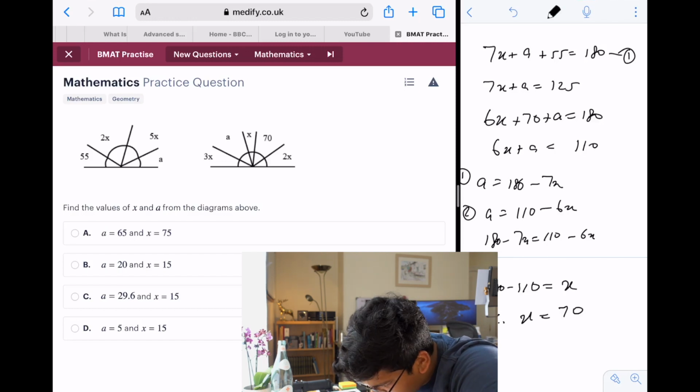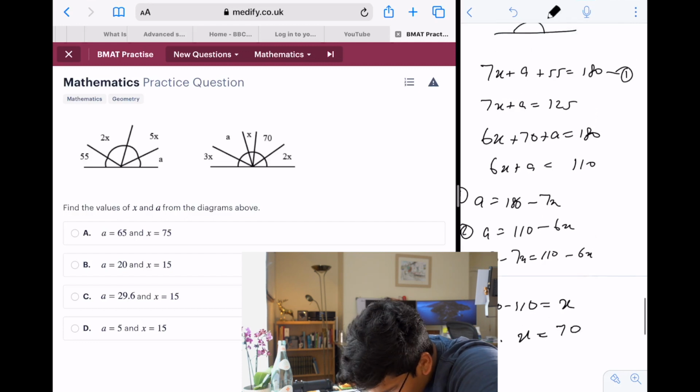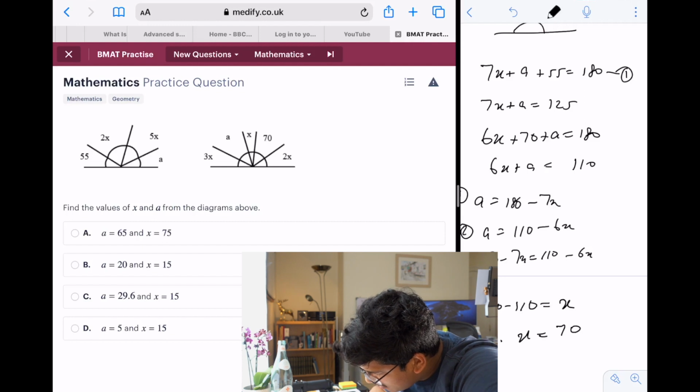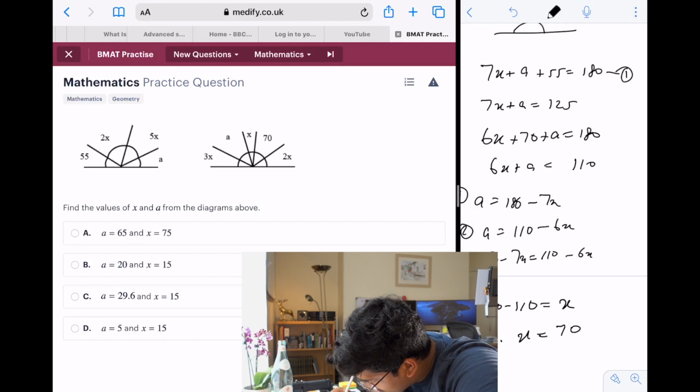Cool, let's quickly work that out again. I've written it wrong here. It's not 7x plus a is 125.